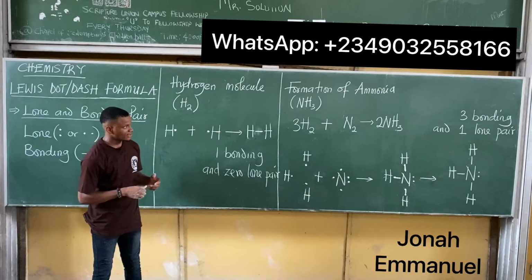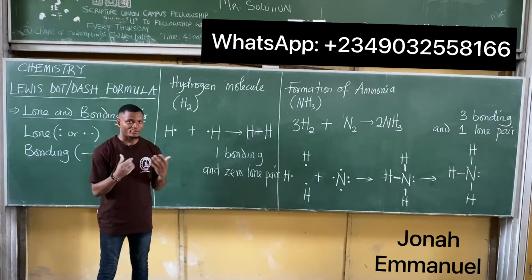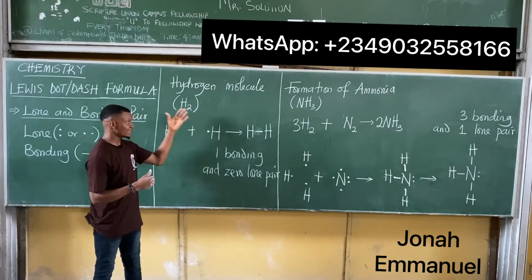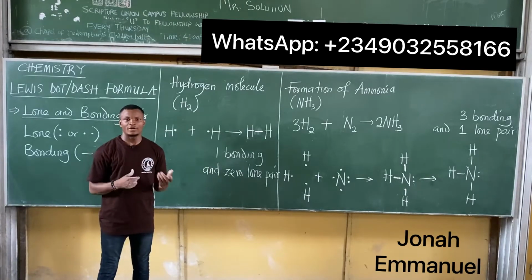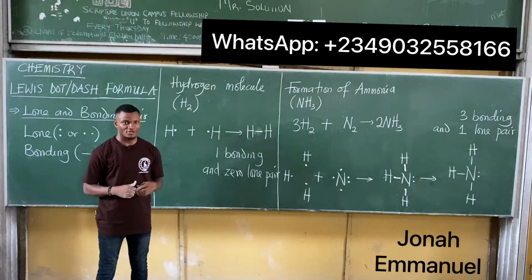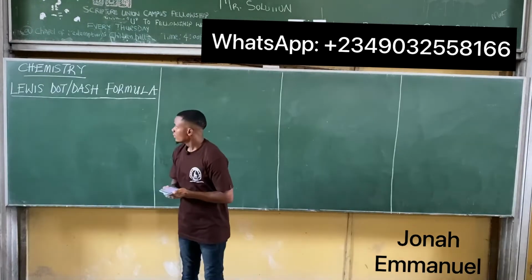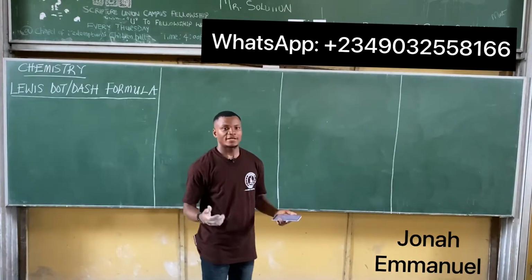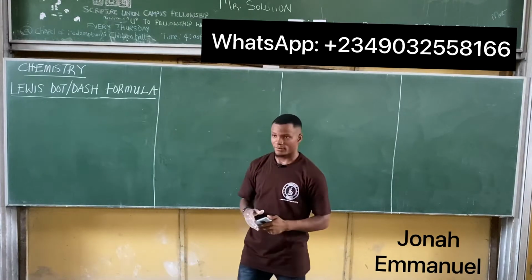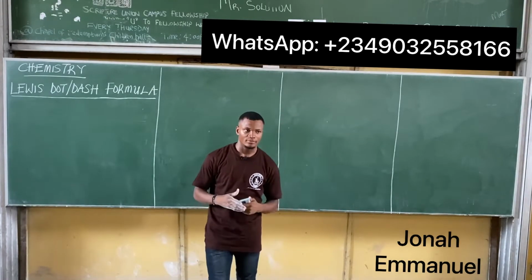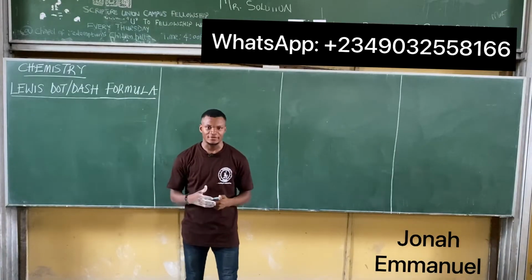Let's look at it in a broader concept. How do we present the writing of Lewis dot and dash structures in an examination? So let's look at writing the Lewis dot and dash formula in a broader perspective.